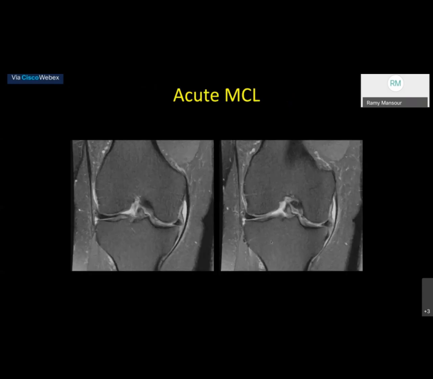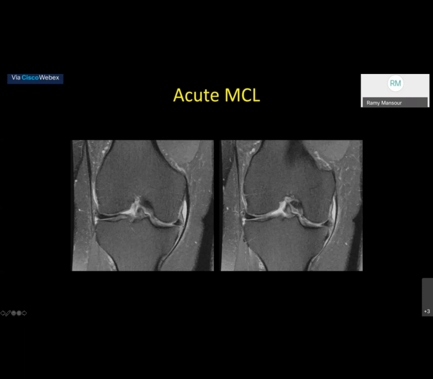Okay. Another type of vertical tear that can happen in the peripheral aspect of the menisci is the one associated with MCL injury. As I told you in the early slides, the menisci is attached to the femur and tibia through the meniscotibial and meniscofemoral ligament.